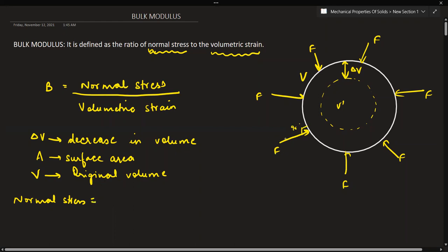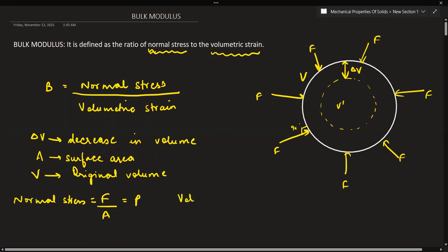So if F is the force applied and A is the surface area, the normal stress should be force per unit area. So that would be F divided by A. And we can write it as pressure also. Fine.